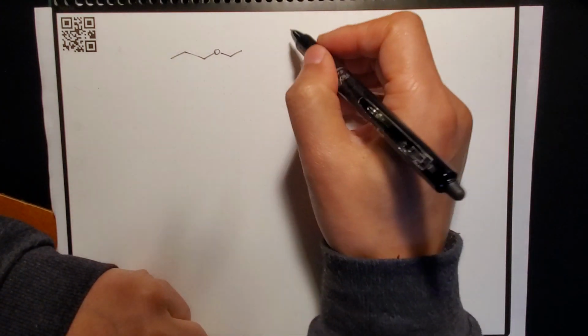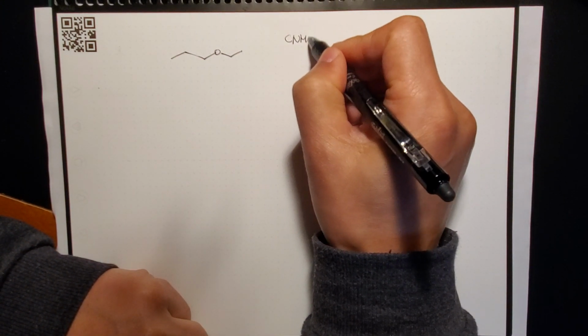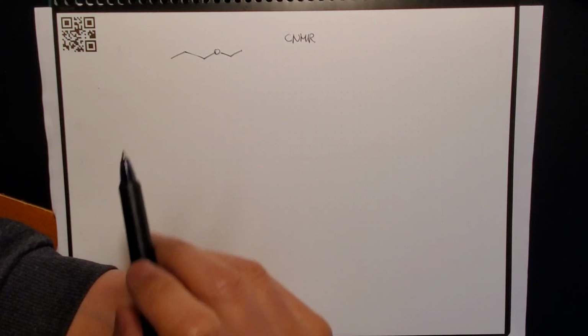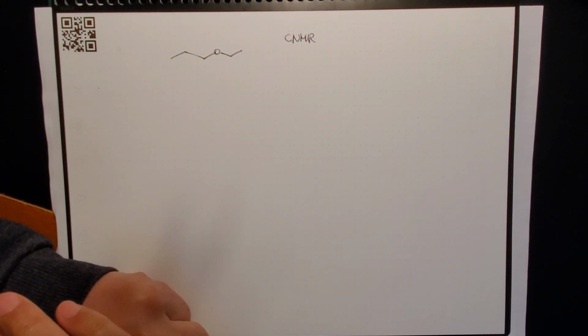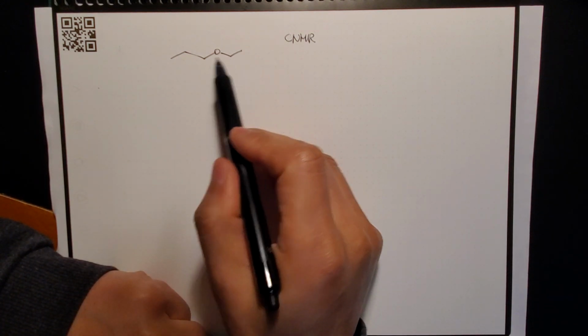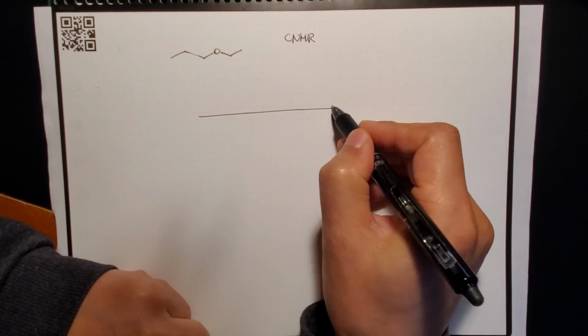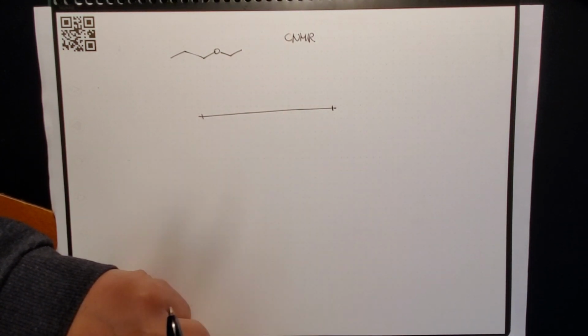Okay then, how many signals of carbon-13 NMR do you expect? There's no symmetry whatsoever, right? So 1, 2, 3, 4, 5. So you expect 5 signals. Which area are you looking for?